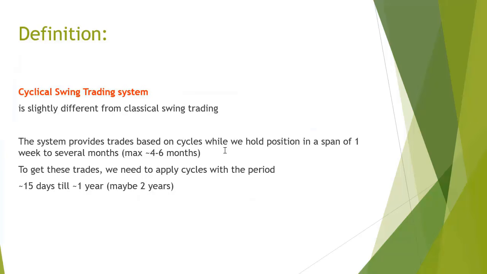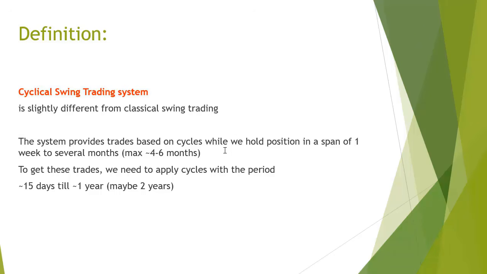But before that I will give one more definition, the cyclical swing trading system. In technical analysis they use a swing trading system, but in Timing Solution we use a slightly different definition. This is a system that provides trading with a hold position between 1 week and several months, I believe no more than 6 months.